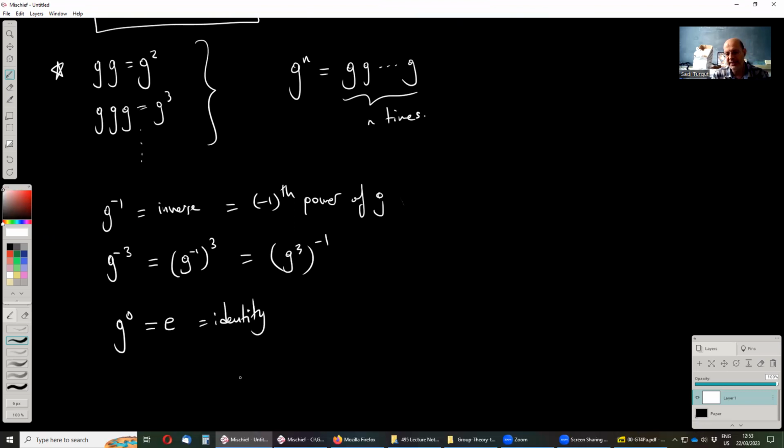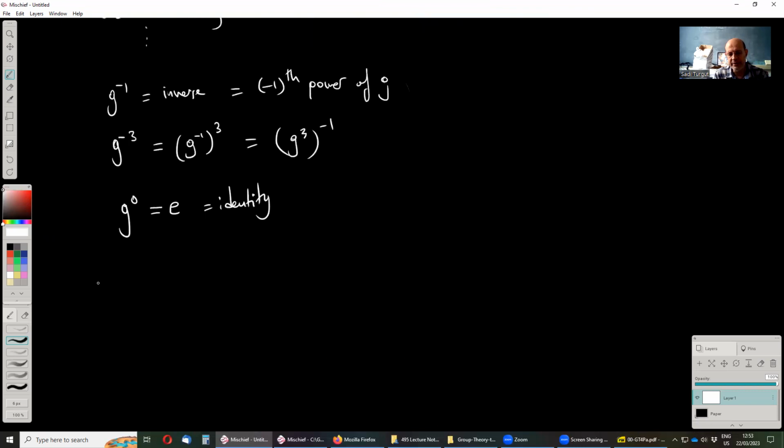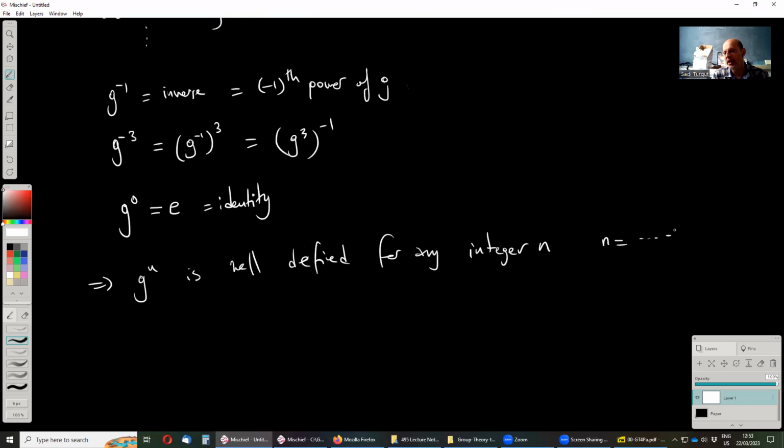So together with these definitions, we basically have this. G to the n is well defined for any integer n. So n can be anything. So any negative number, 0 or a positive number, doesn't matter.